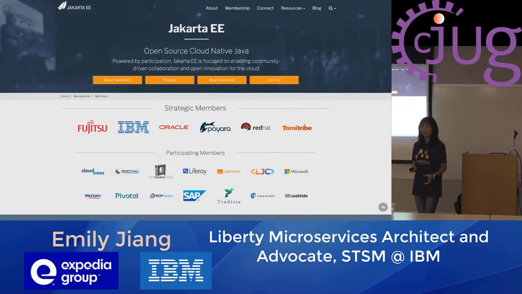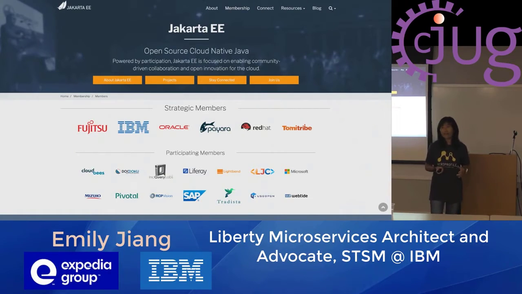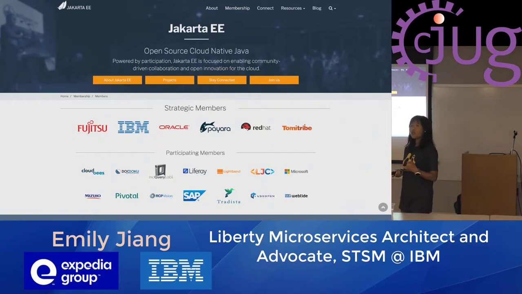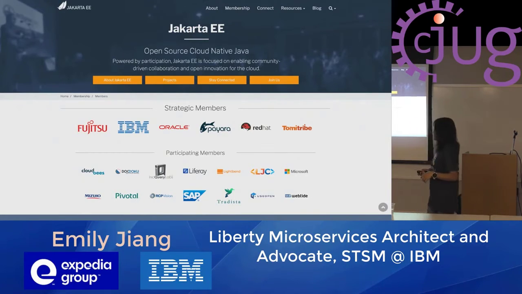Two years ago, Oracle saw MicroProfile was really active and really successful. Oracle said, okay, I want to donate Java EE somewhere else. And then it talked to two open source vendors. One is Apache, the other one is the Eclipse Foundation. And Eclipse Foundation said, wow, this is really good because I have MicroProfile already, and welcome Java EE to join the Eclipse Foundation.